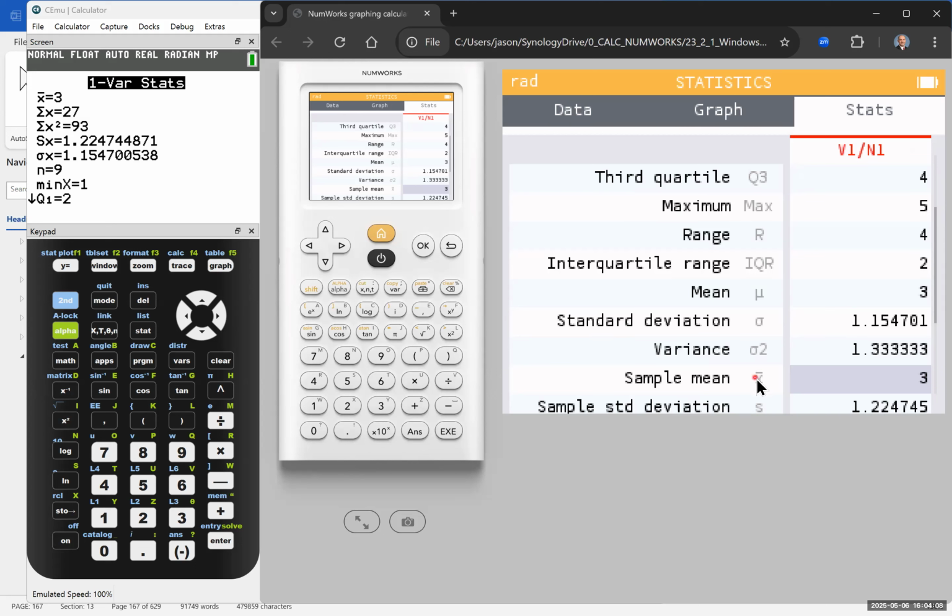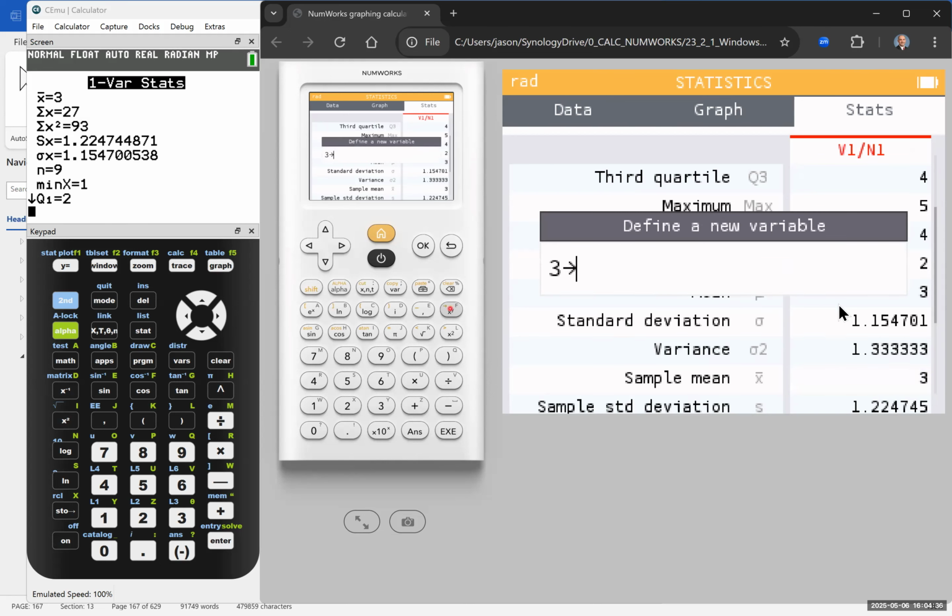How I do that is I want to make sure the value I want to store is selected. On this X to the Y key, you'll notice there's an orange arrow. Because this arrow is orange, I need to hit the orange shift key first. If I hit shift and then this key, it says I want to send 3 into what variable?